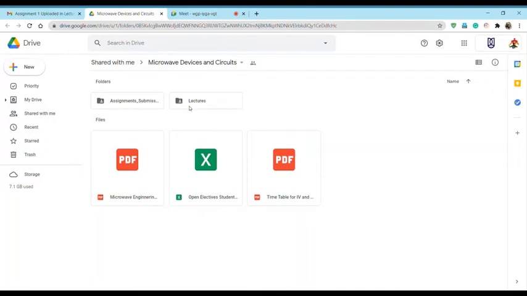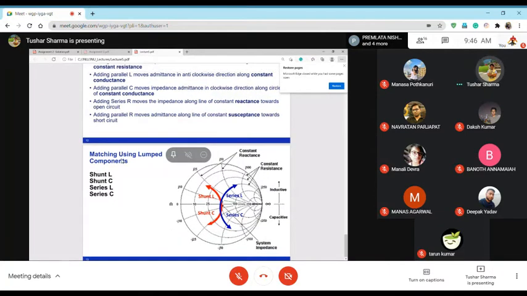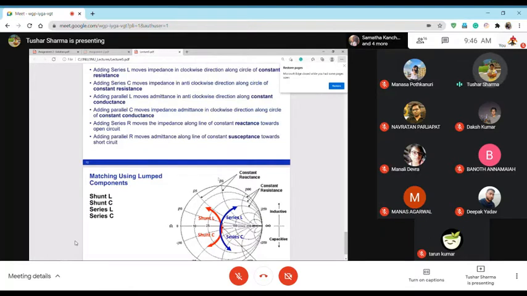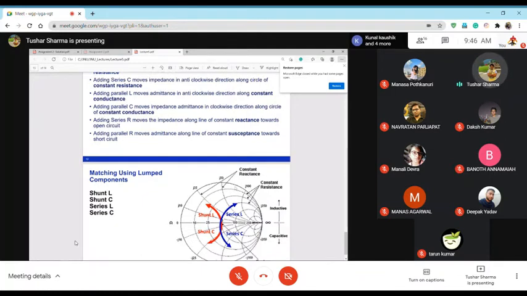By now we know that constant resistance circles are these, and constant reactance circles are these. Then you have constant conductance circles and constant susceptance circles. So this is the circle of constant resistance.